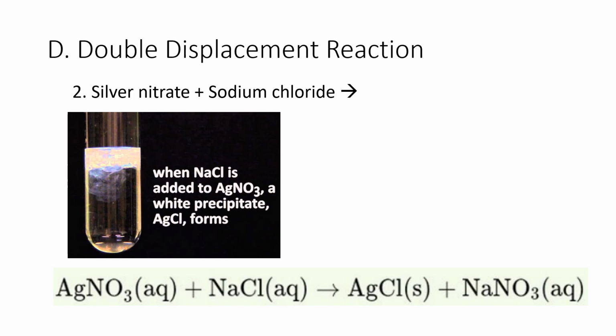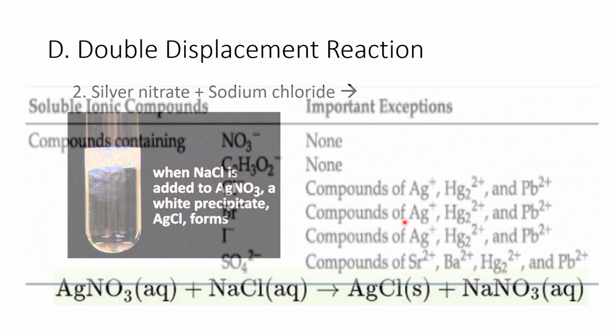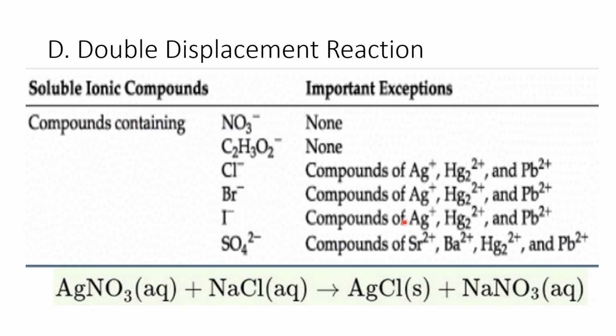Dito naman, the second reaction involves silver nitrate and sodium chloride. Okay, when you added sodium chloride into a solution containing silver nitrate, okay, a white precipitate is formed. This is silver chloride. Balik ta sa solubility table. Is this according to the solubility rule?